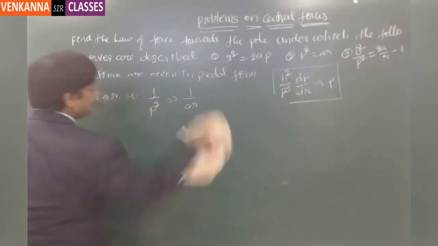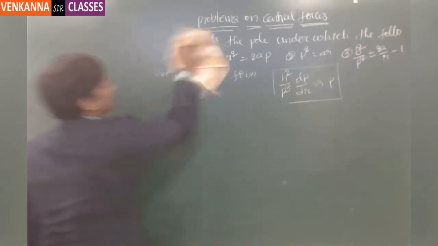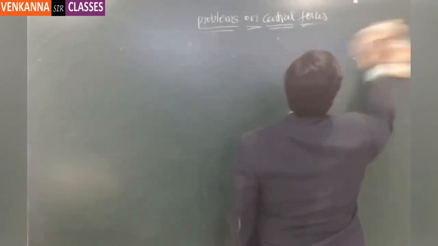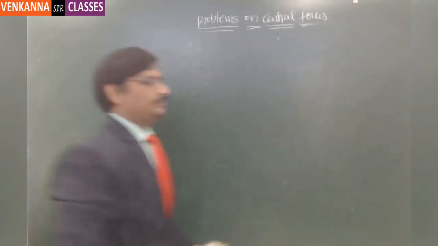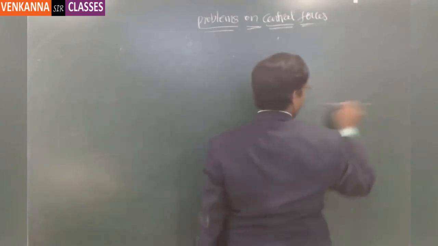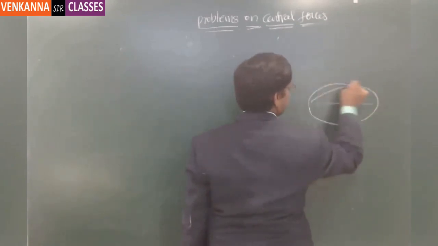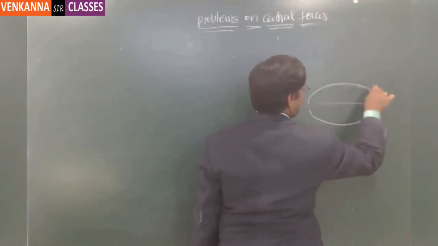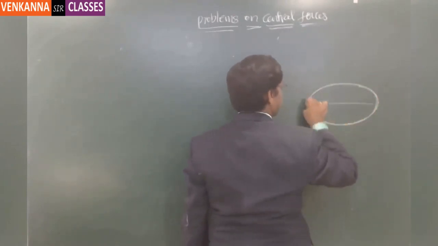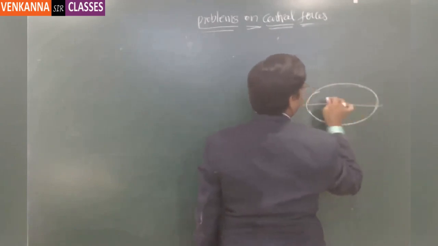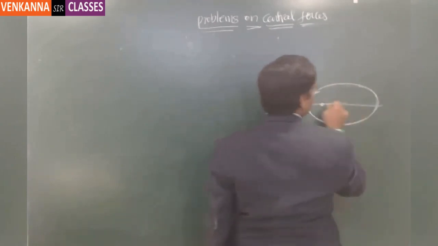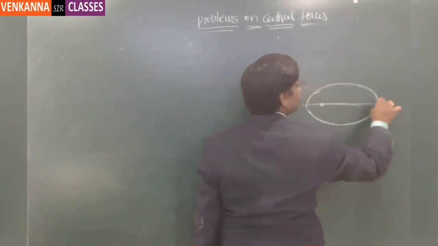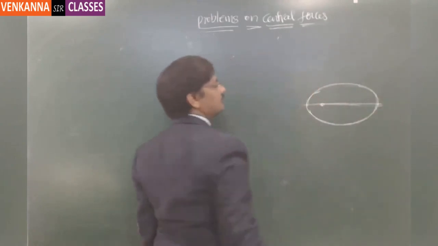So in the case of apsides, what happens is, this is an ellipse, and for this ellipse, this is the maximum distance and this is the minimum distance.